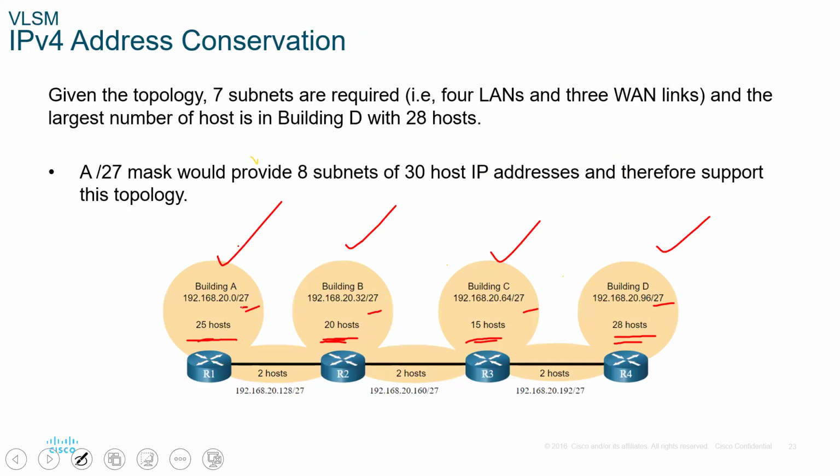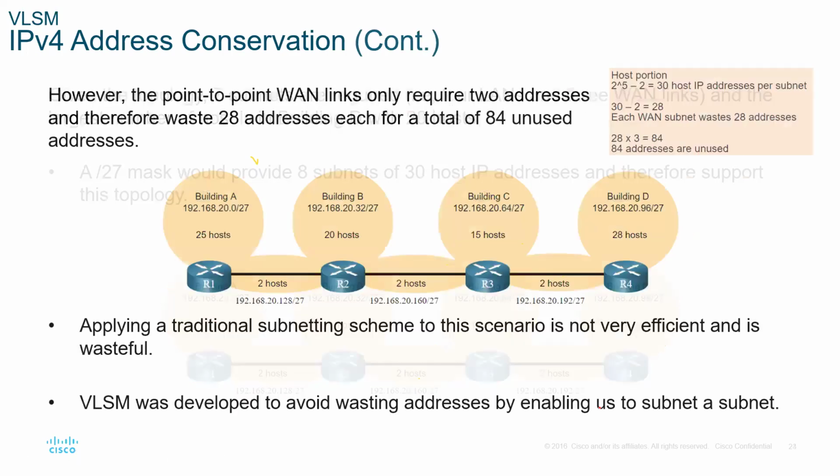But you see, we want to just connect this point to this point. How many hosts? 2 hosts. This point to this point, only 2 hosts. This point to this point, only 2 hosts. That's what we need. And when we use /27, we're only using 2. The remaining is just wastage.